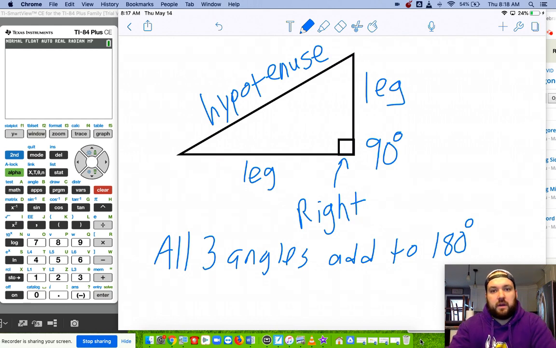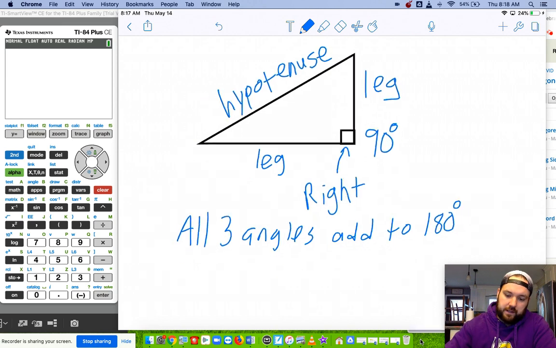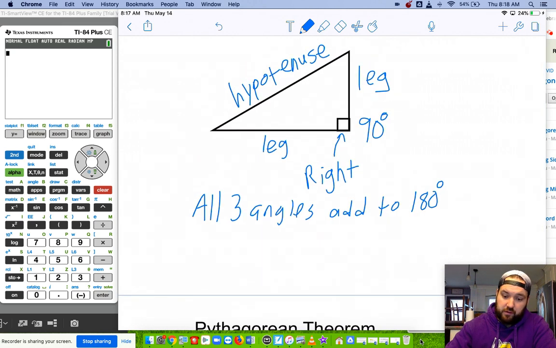There's a very special and unique relationship that only works in right triangles, and that's called the Pythagorean Theorem.